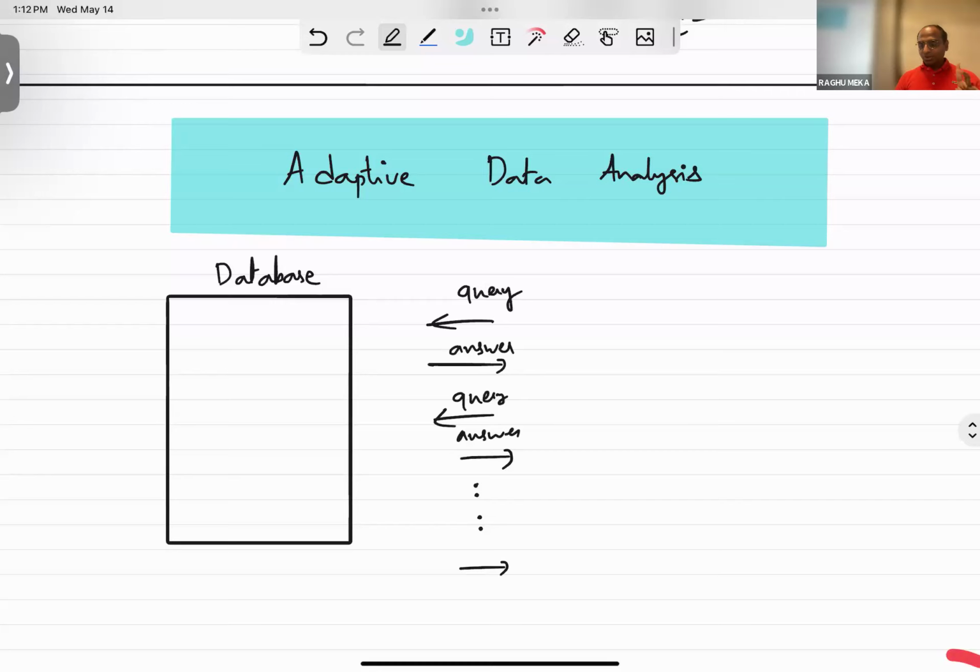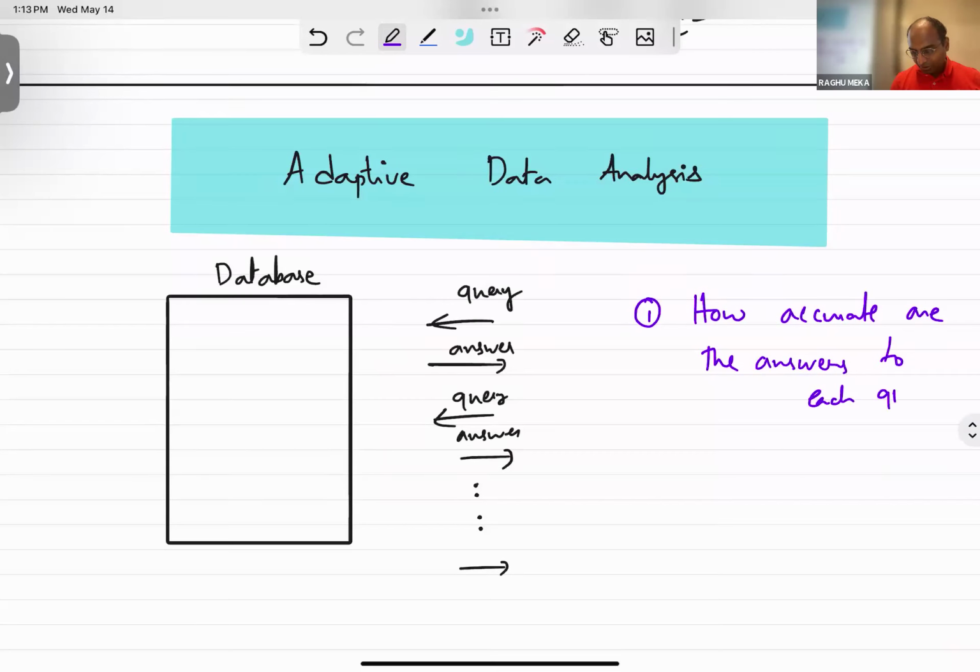Okay. So there are two things that we would like to understand, especially from a statistical confidence interval or certainty perspective. One is, how accurate are the answers to each query? Okay.